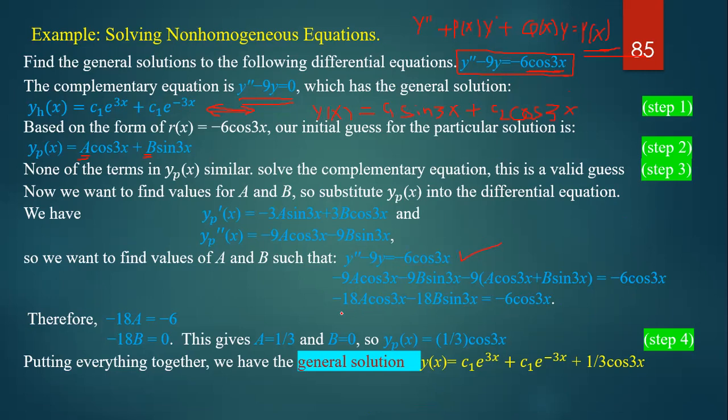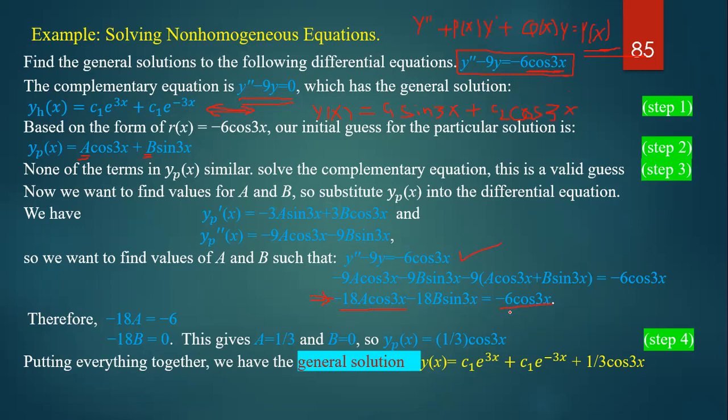This equation. Here in this final equation, minus 18 cos 3x and minus 6 cos 3x are there.